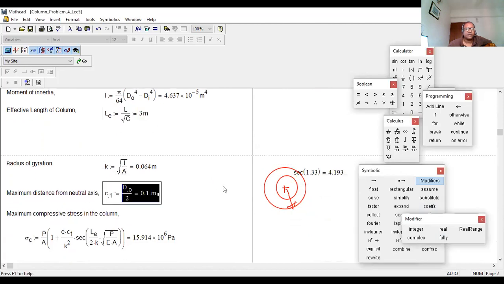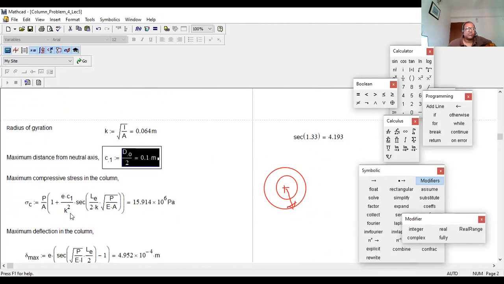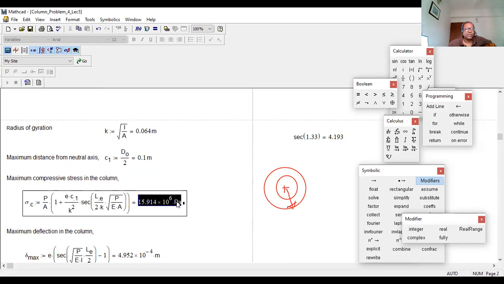This is C1. Now you just hook up all the values here and you'll get this value. But you need to remember that if you use a calculator, this value is in radian, so you need to turn on the radian option in your calculator.